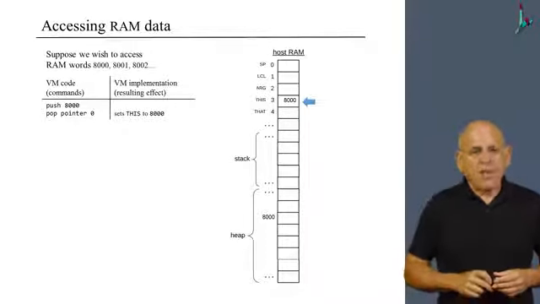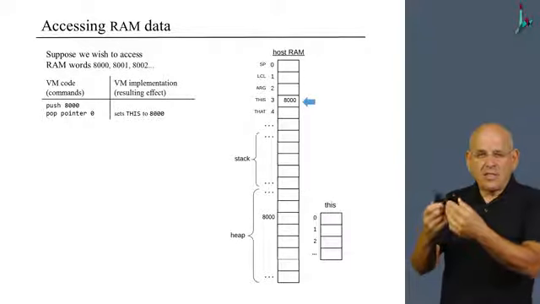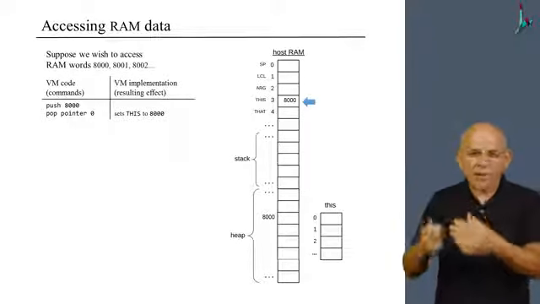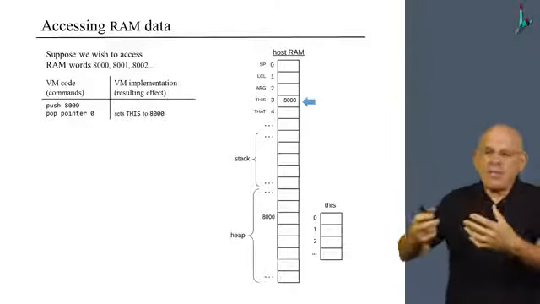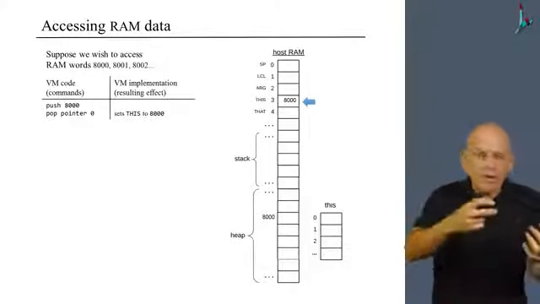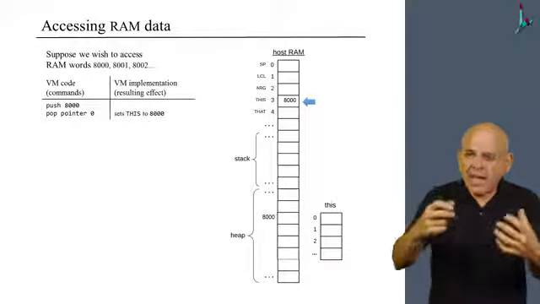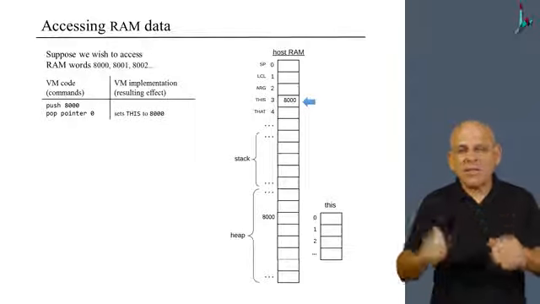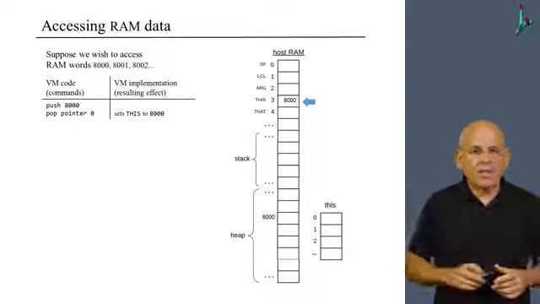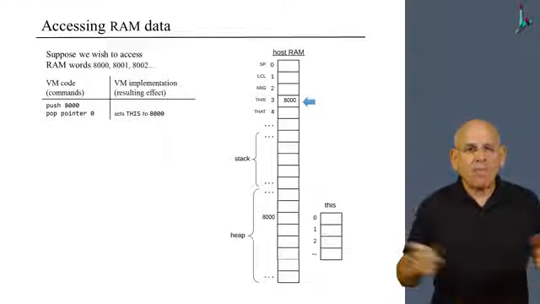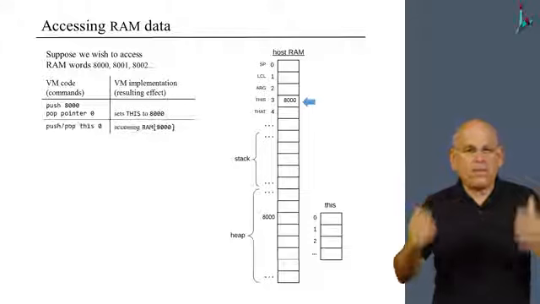Right? Moving along, once you set this pointer to a particular address, this segment can be used as if it mirrors, or as if it is anchored exactly on, the 8000 address in the RAM. So from now on, given that we have this desired mapping, I can happily use commands like pop this 0.